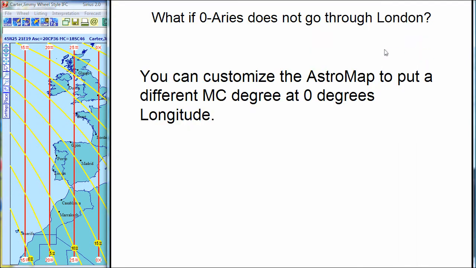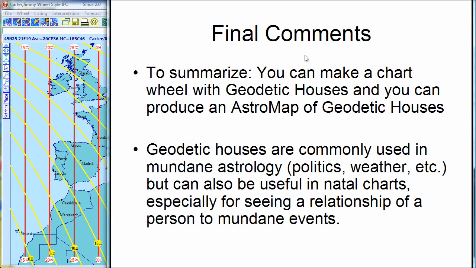Very, very few people, at least that I know, who are strong believers in the geodetic astromap and use it a lot, use a different position for the layout of the grid, but it's available if you want it. So that's it. Final comments. Just to summarize, you can make a chart wheel with geodetic houses, and you can produce an astromap with geodetic houses.